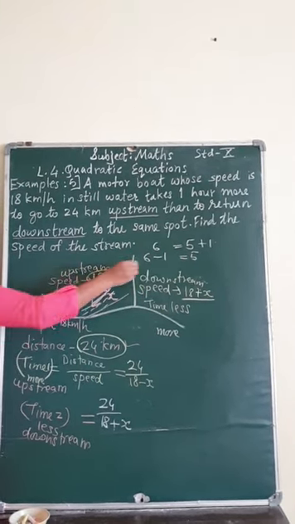Similarly here, more time minus less time is equal to the difference, 1 hour. This is how we form the equation: 24 upon 18 minus x minus 24 upon 18 plus x is equal to 1. This is the equation we are solving. So note it down, try to understand what we have done. Now we will start solving the equation.